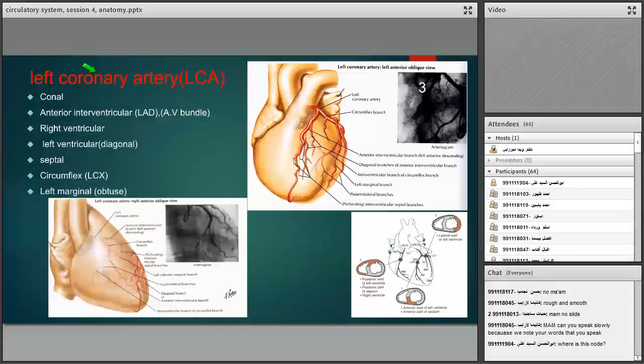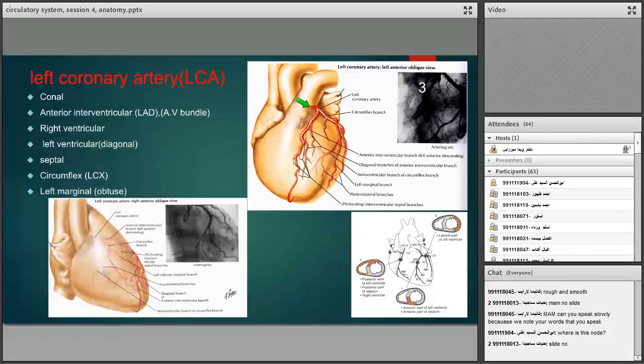Now the left coronary artery. This artery is also starting or beginning from the left coronary sinus at the beginning part of the aorta, and the beginning part of this artery is called left main. Listen please.